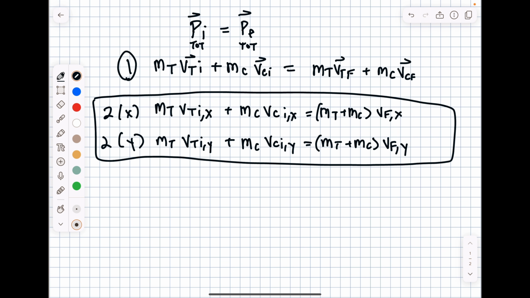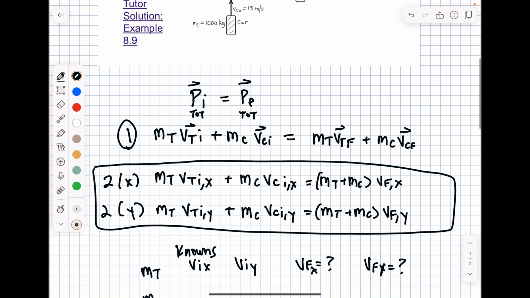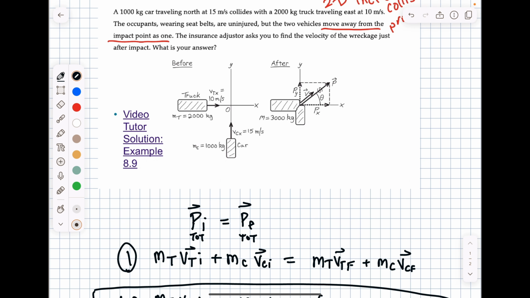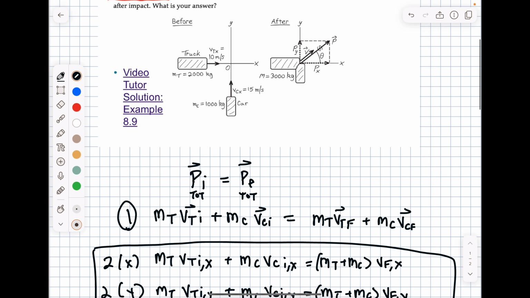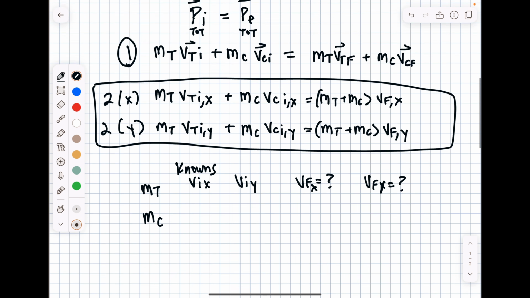So now let's write what we know about the situation, our knowns. Okay. The truck and the car and their initial velocities in the x and the y. Okay, what we're looking for is the x and y of their final velocity, right? So truck moving to the right 10 meters per second, positive x direction, 0 y direction.